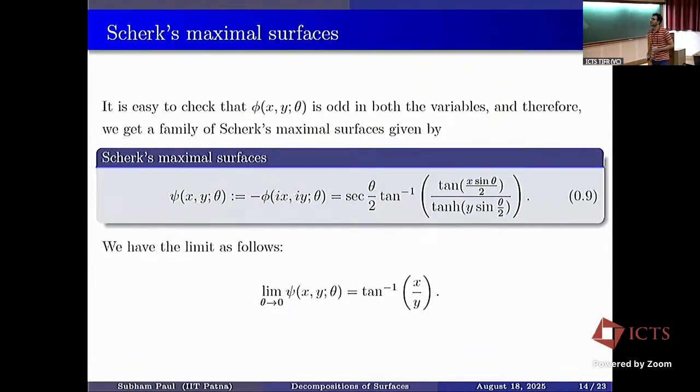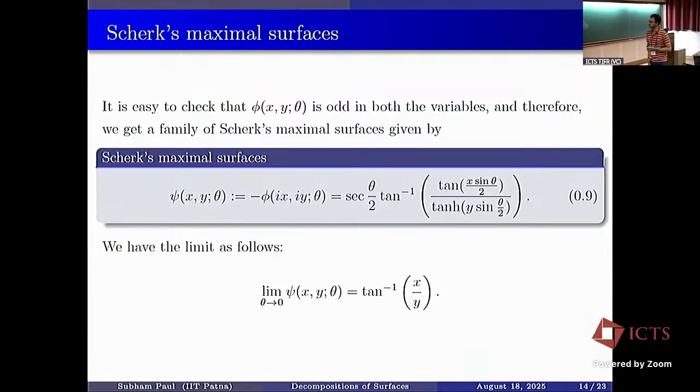Now, if we perform these Wick rotations, fortunately our Scherk's minimal surface, the phi(x,y,theta) function, is odd in both coordinates x and y. Therefore it satisfies all the conditions of the previously mentioned theorem. So after performing Wick rotation, we get the Scherk's maximal surface represented by equation 0.9.